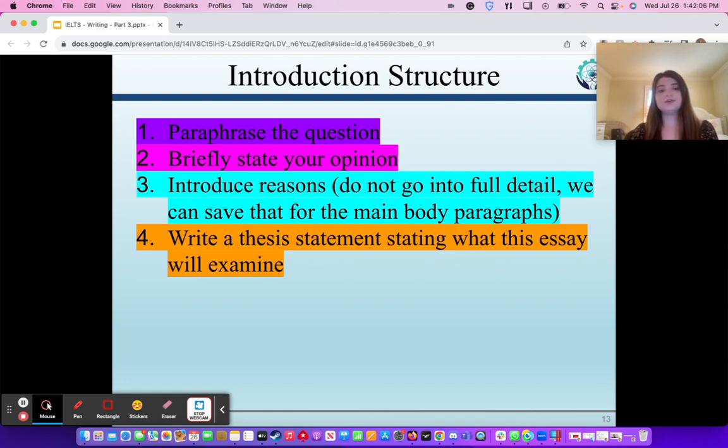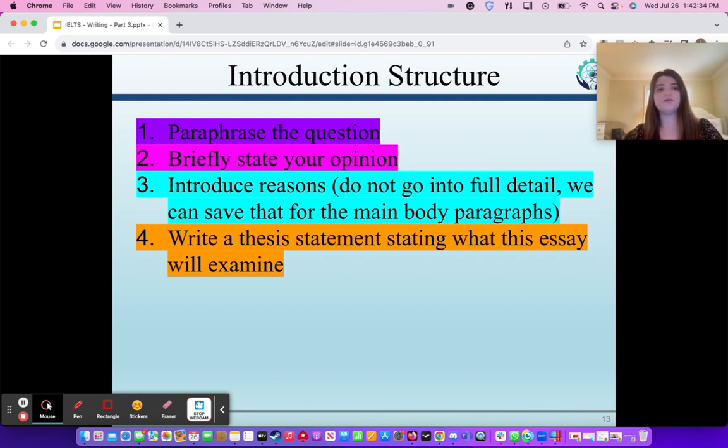A conclusion is pretty short in comparison to the body paragraphs, but, sorry, I might have said the conclusion. I meant the introduction. It's very, very short in comparison to the body paragraphs. Body paragraphs are generally much longer, sometimes twice as long. But the introduction, completing your introduction properly, is going to help set you up for good body paragraphs. And all three of those together is going to help set you up for a good conclusion.